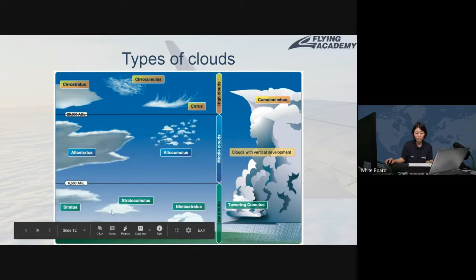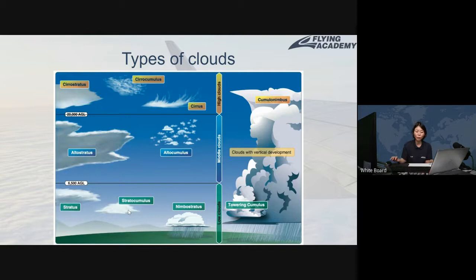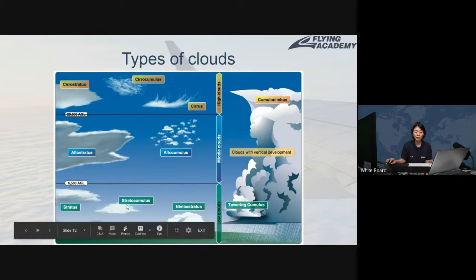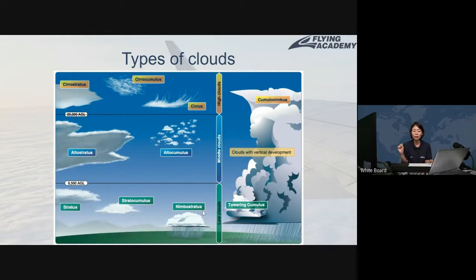So starting from the layer, however, since the air inside is still not stable, it wants to go up as well. At that point, it can be stratus and cumulus as well. If it is nimbostratus, it means it is a blanket shape, and also it comes with rain or any precipitation, because it can be snow as well.